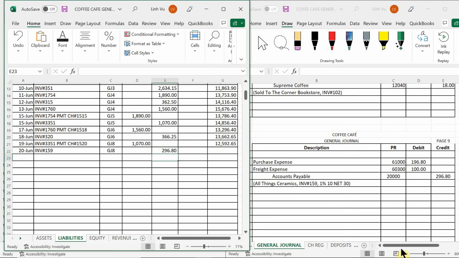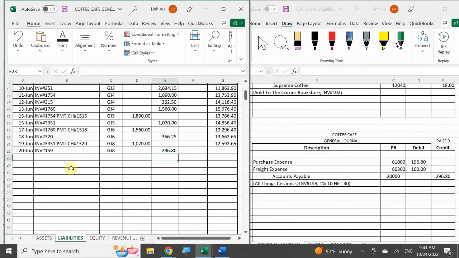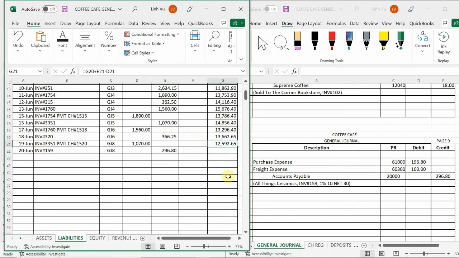So in grand total, how much money do you owe everybody? $12,883.45. 89.45.